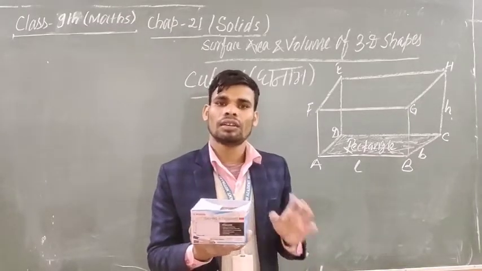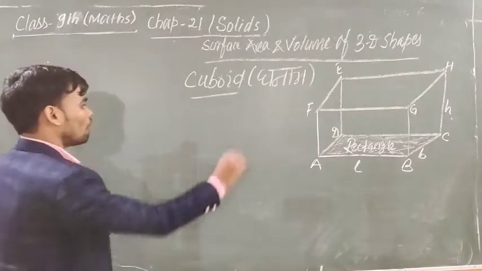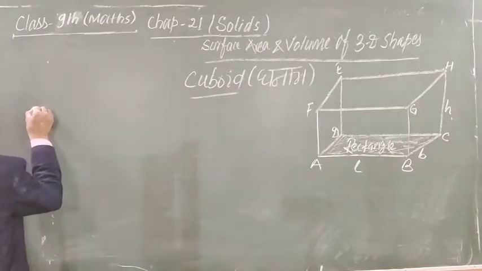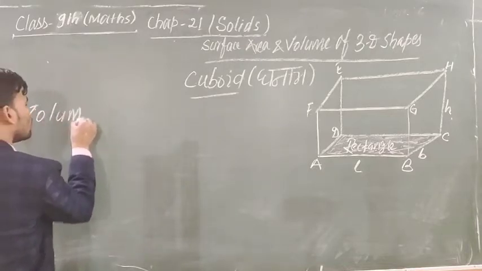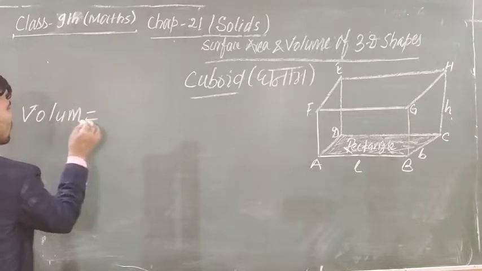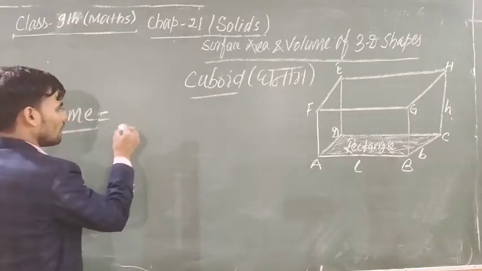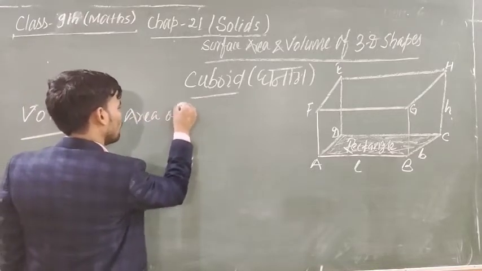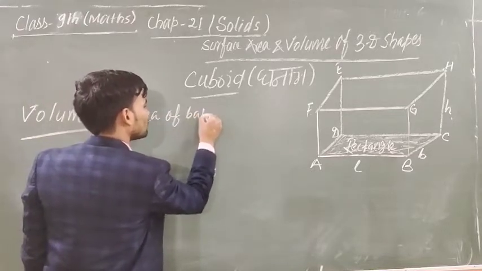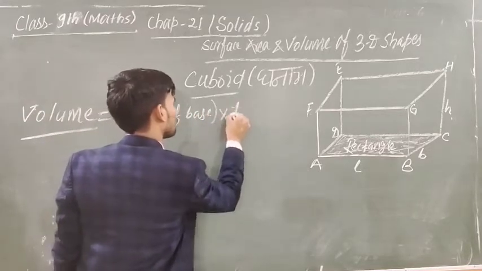Got it? So what is the formula for evaluating the volume of a cuboid? The volume of a cuboid is equal to the area of base into its height.